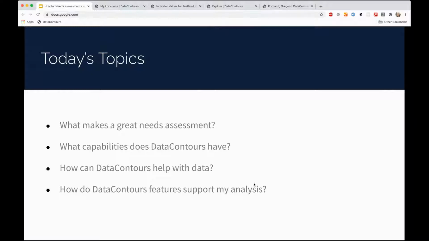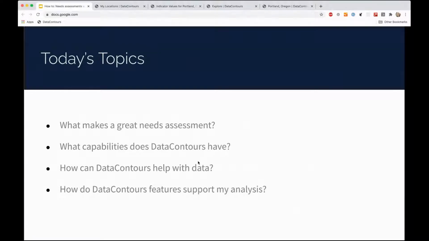We really built this with needs assessments in mind, so we'll provide a walkthrough of how you can use the features of DataContours to map to the best practices around needs assessments. We'll talk about what kind of data we can help with, and some cool features that will help support the analysis directly.